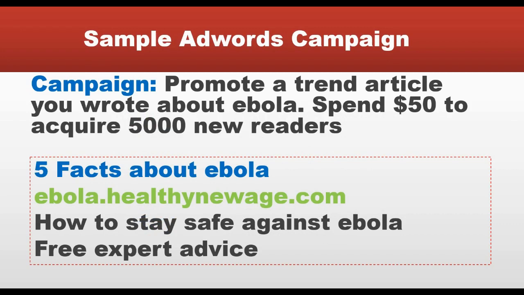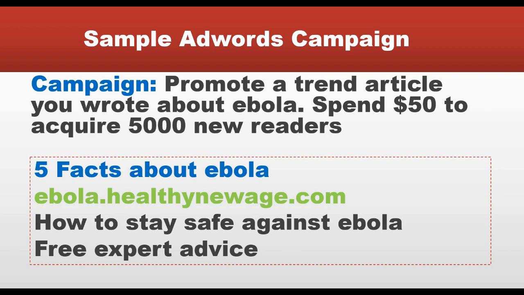Okay, so in this campaign, your aim would be to promote a trend article. So it's a new trend, and you've just released an article. And let's say this was about Ebola, the Ebola virus.